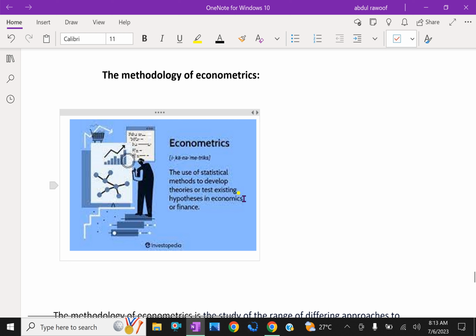The first step in econometric analysis is to express the theory of consumer demand in stochastic equations. The second one, consumer demand theory postulates that price and quantity are inversely related.